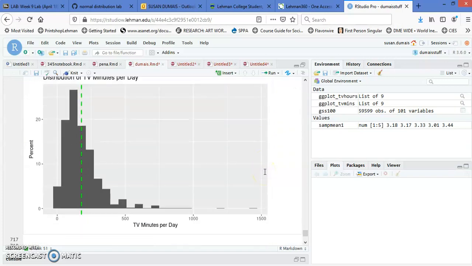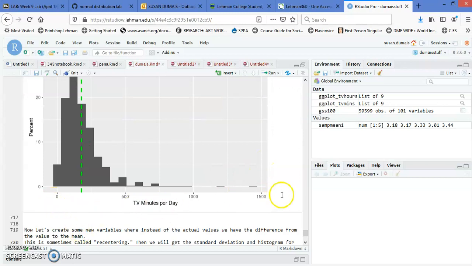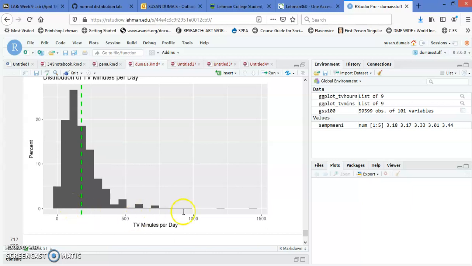Over here, we're going from 0 to close to 1,500 minutes per day. So they're being measured in different units, but the overall histogram is the same. It has the same shape. The mean is at the same point in the distribution.